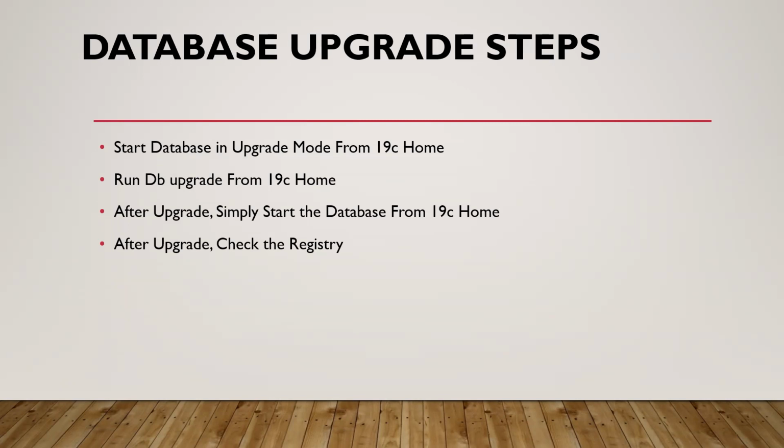Once that is done, we need to start the database in upgrade mode and run all the SQLs related to the 12c to 19c conversion. catctl and catupgrade scripts will be there; those we need to run. Once that is done, you can check the invalids and compile the invalids.